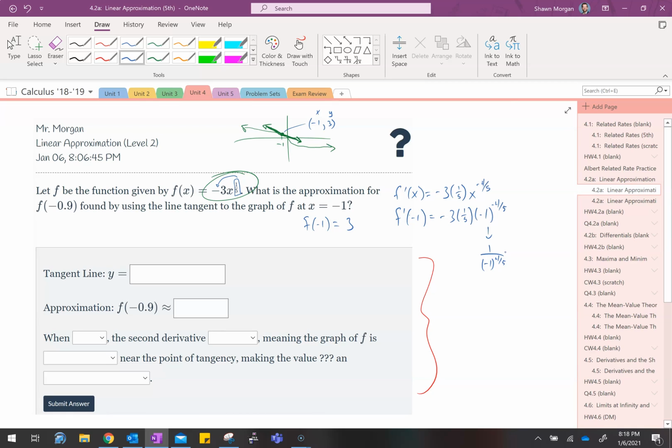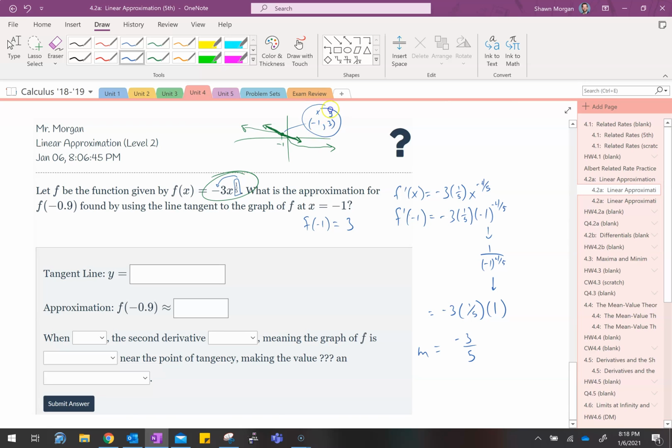The fifth root of 1 is 1. So this whole bit right here is just boiling down to 1. Again, your calculator can help you do that as needed. Suffice to say, we're going to end up with negative 3/5 as our slope. Okay, just working out the arithmetic there.